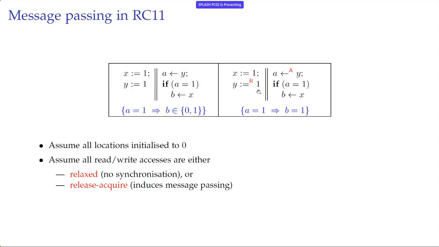The way to fix that, in C11 anyway, is to use these things called release-acquire atomics. What happens there is that you introduce an annotation to a write called a releasing annotation, and an annotation to the read called an acquire annotation. And if this read happens to read from this write, what that enforces is the happens-before relation between this thread and this thread.